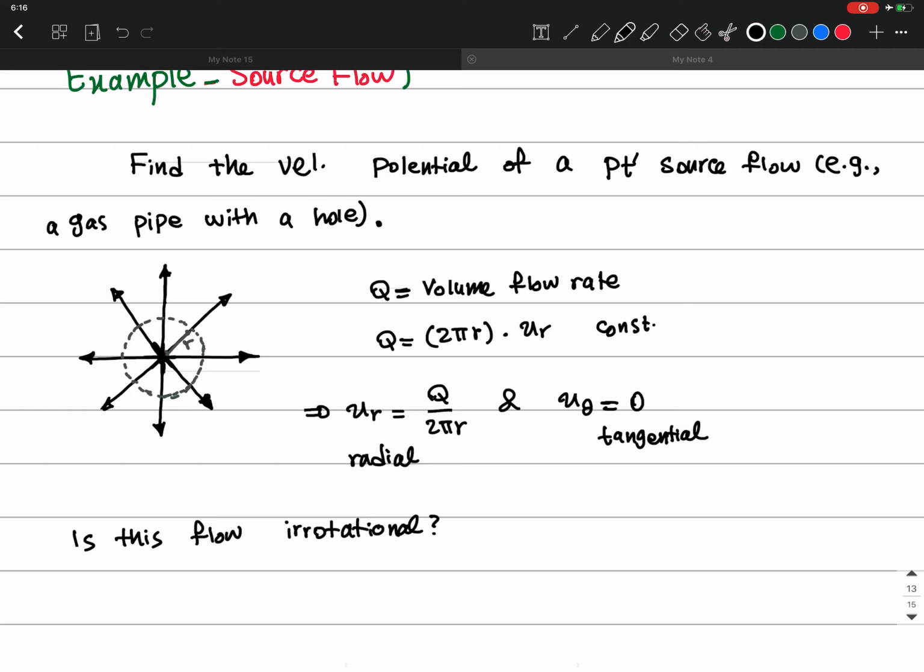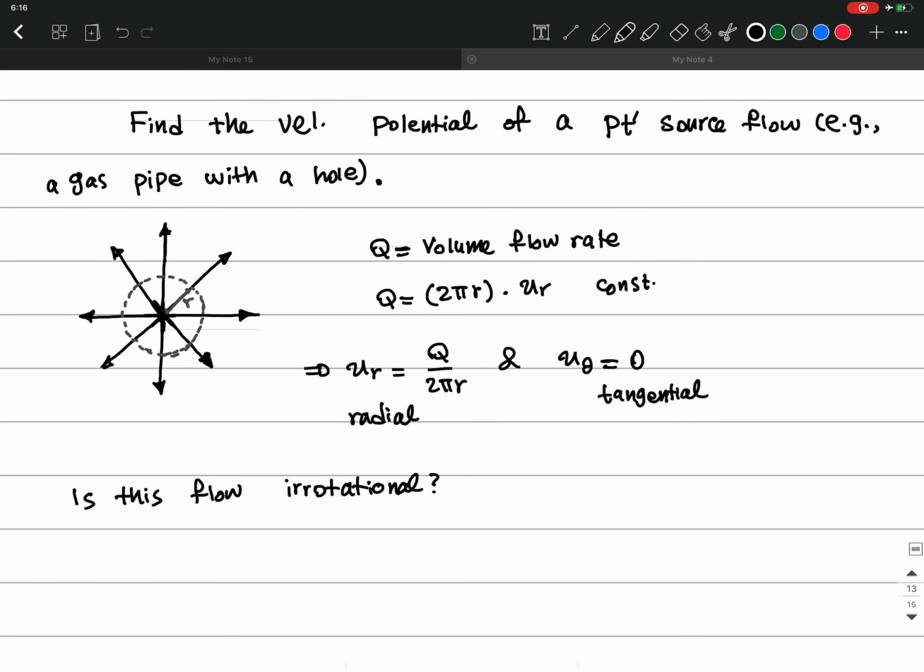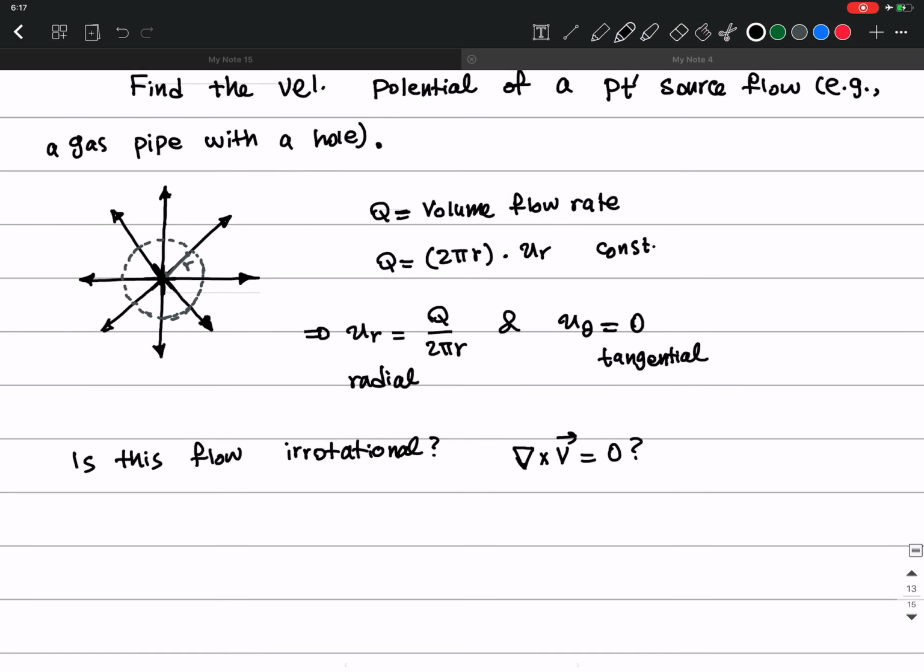In other words, is the curl of the velocity vector for this flow 0? We need to answer this question before moving forward to find a velocity potential, and to see if any velocity potential exists for this.